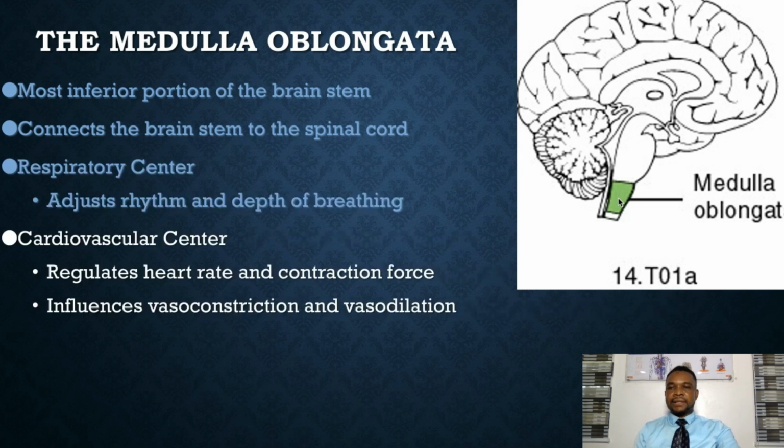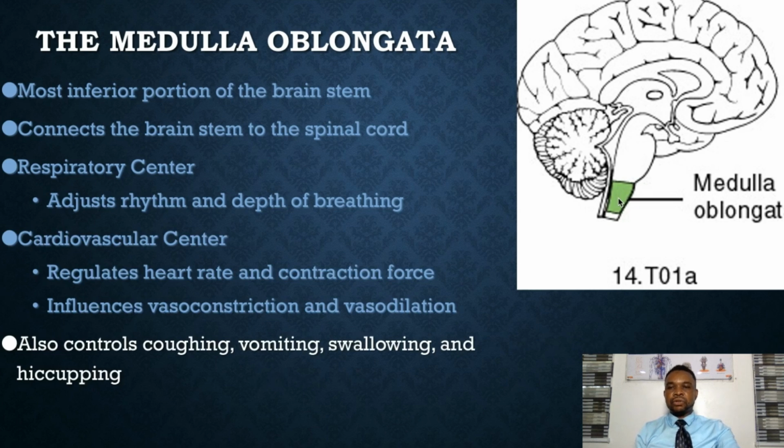It also has a cardiovascular center where it regulates the heart rate and contraction force. It also influences vasoconstriction and vasodilatation. You can see how important the pons and the medulla are to our body, because anything that affects this place, if somebody should use their hand and hit here, it will affect this center and somebody can get to a state of coma or even death.